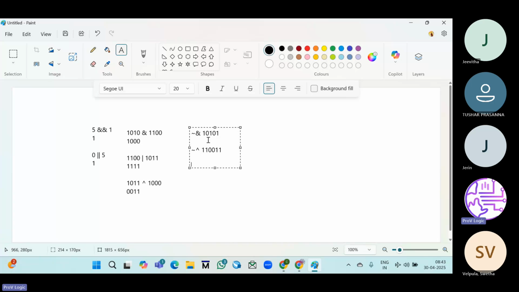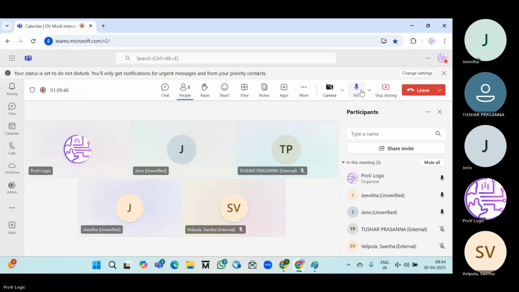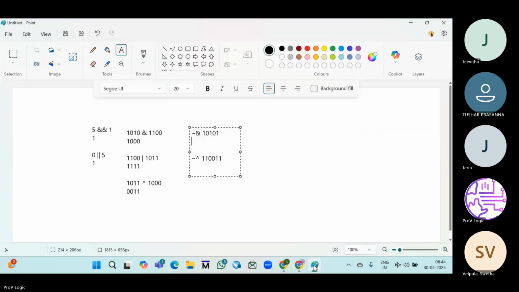What is the output for first and second? For the first one, 1. 1.